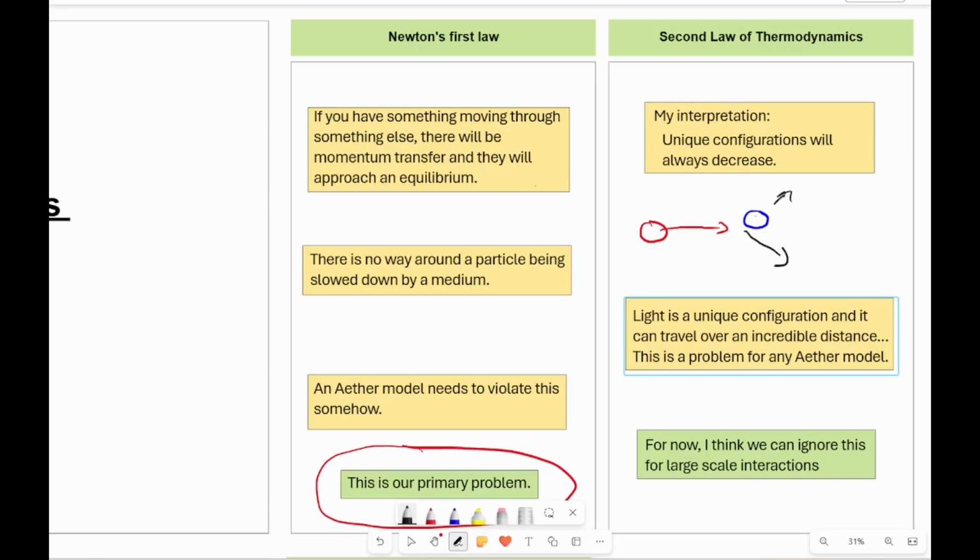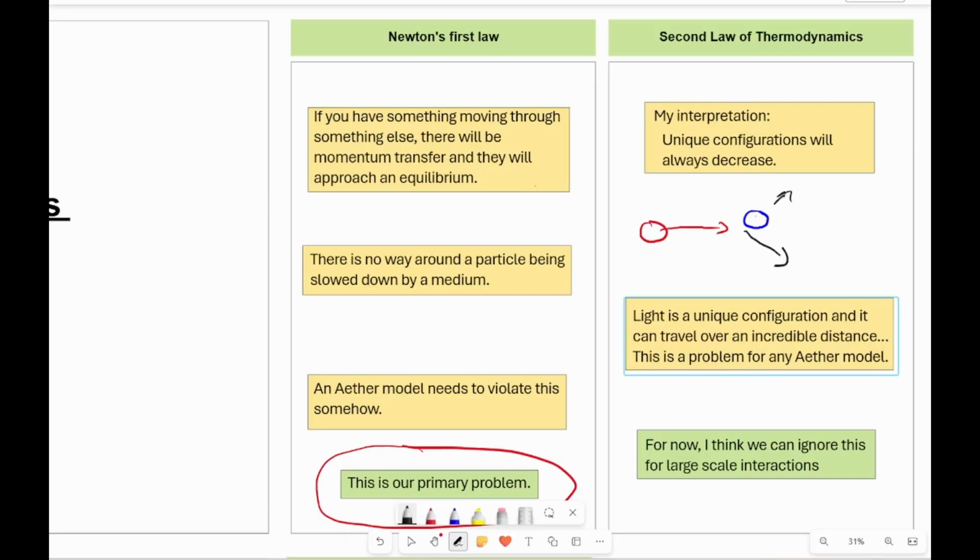Now, if light is a unique configuration of energy and momentum and it can travel incredible distances, this is like an Aether model. It's hard to convince ourselves that we could use an Aether model as some sort of medium that light travels through without getting dispersed over these distances.